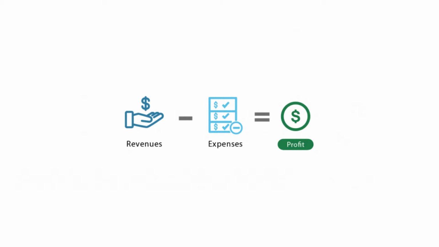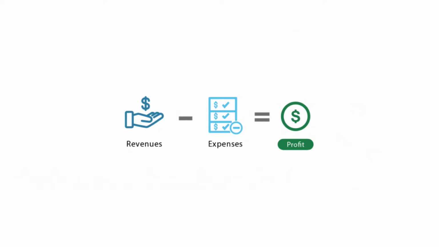That's not included in this. Revenues are only the money that comes from you selling your products or services. Expenses are commonly called overhead, and it's the cost of operating your business to generate those revenues. If there's any money left over, that's your profit.